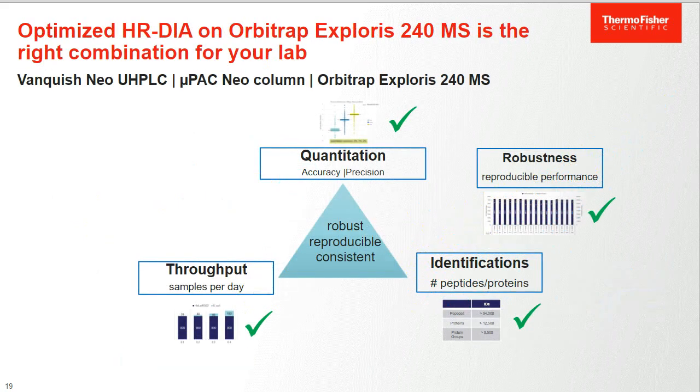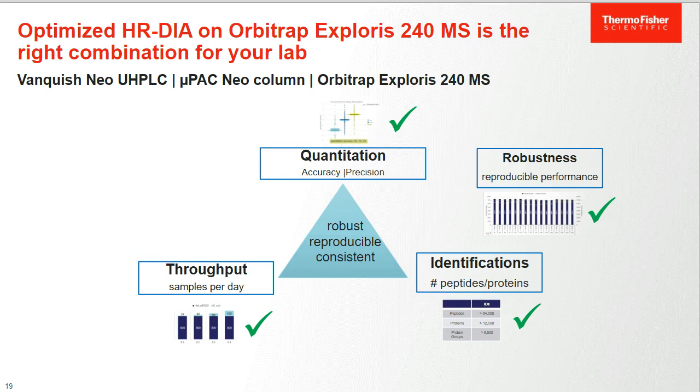The high-resolution DIA workflow for label-free quantitation set up on an Orbitrap Exploris 240 mass spectrometer coupled to a Vanquish Neo UHPLC system running with a mPAC Neo UHPLC column was shown to fulfill 3 criteria for the quantitation that we are describing here. We got excellent quantitation accuracy and precision for small amounts of bacterial and fungal proteins from challenging sample matrices.